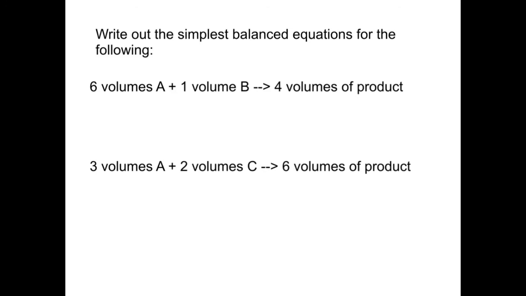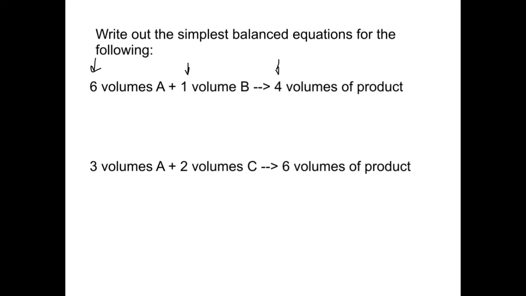So in order to solve these, you need to use a least common multiple for the different compounds or the different substances. The 1 for B, since it's a 1, I can make B any type of molecule I want. I'm going to use subscripts and what are called coefficients to work out this balanced equation. I can make the subscript on B anything I want, so I'm just going to focus on the A and the product.